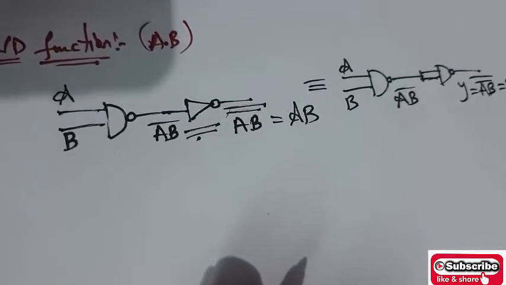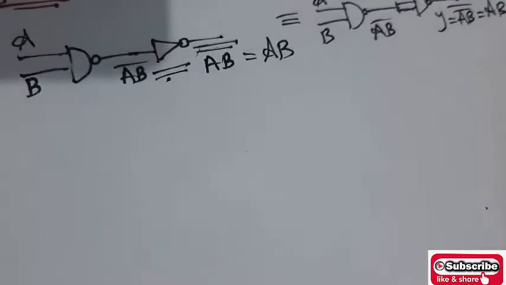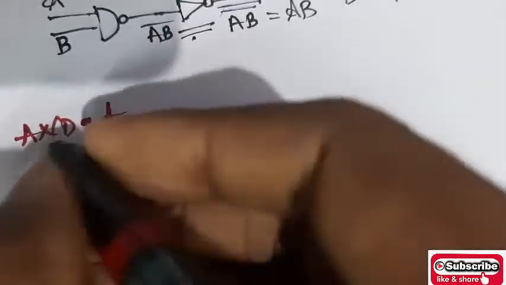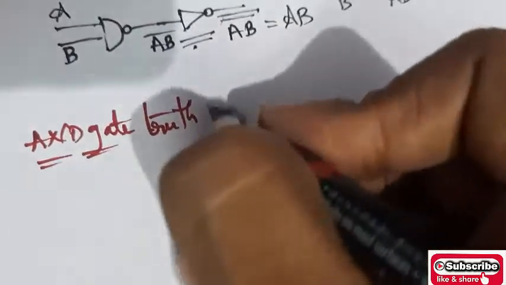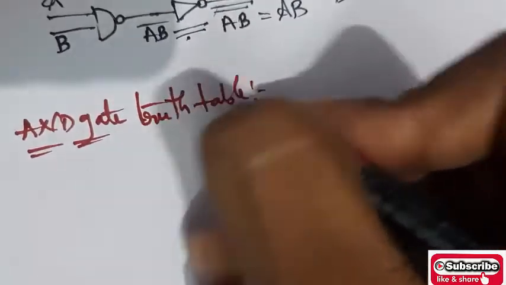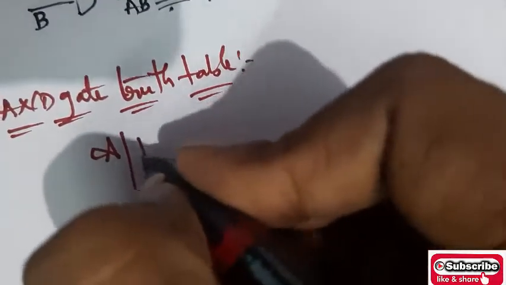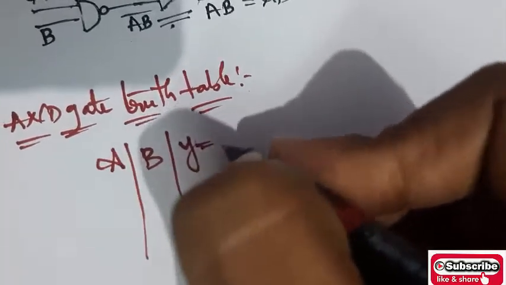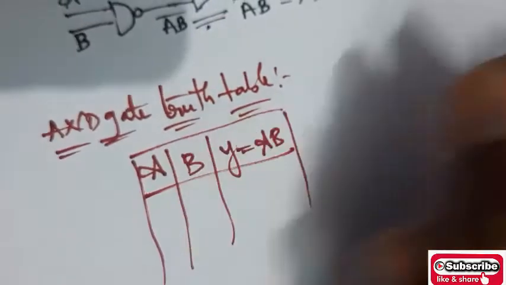Let's see the truth table for AND gate. AND gate truth table. If you take the input A, input B, output y is equal to A into B, right?